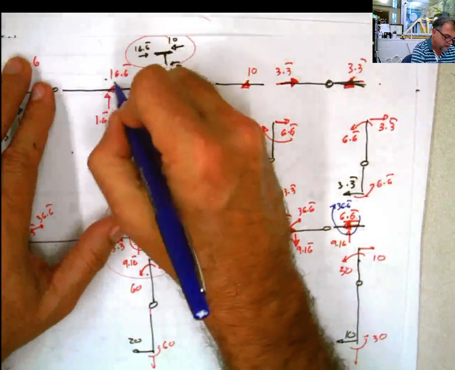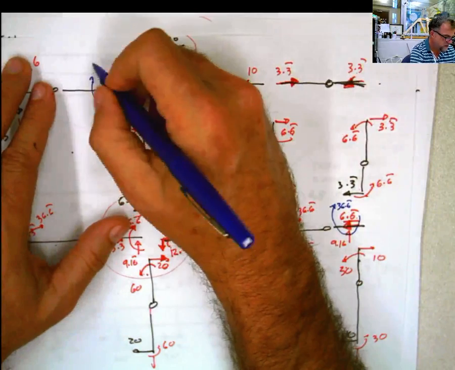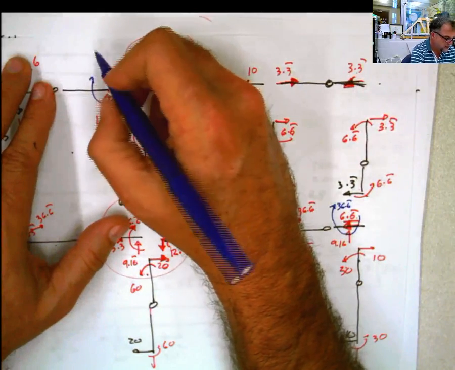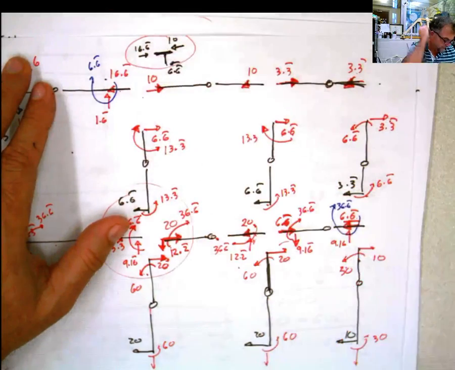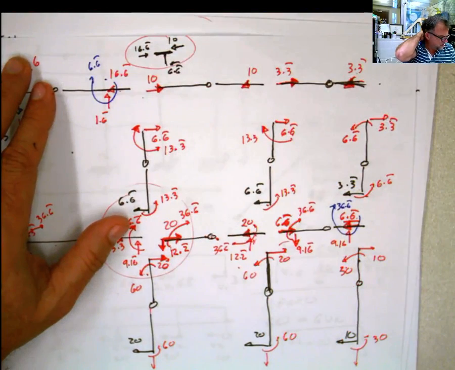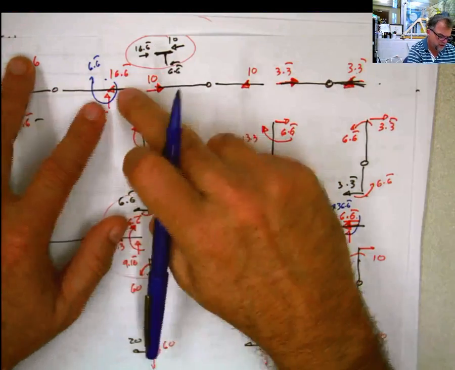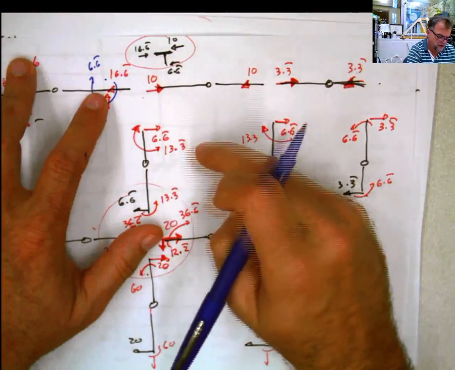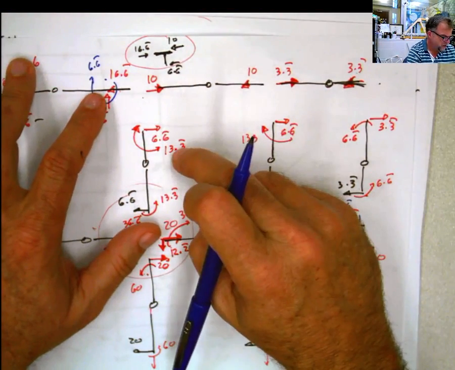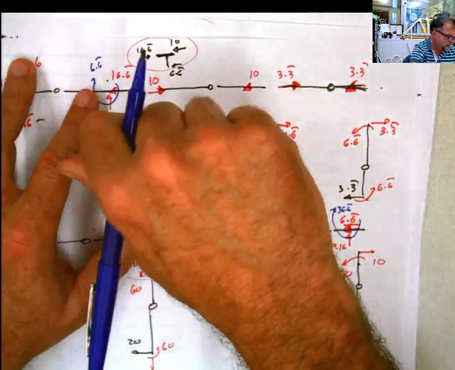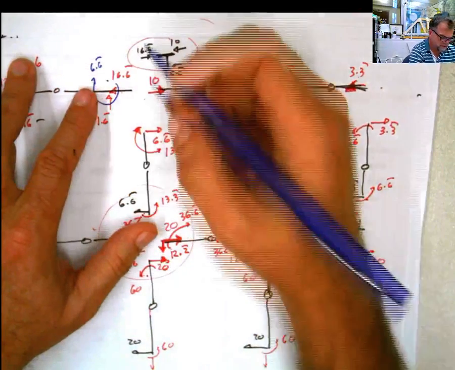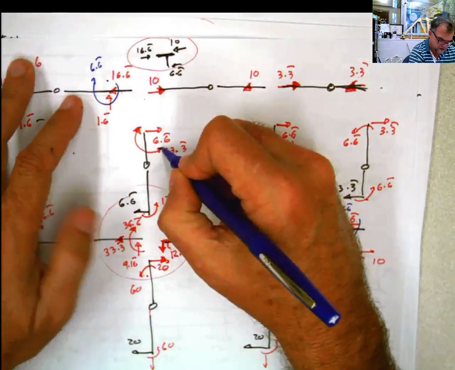This is the action. The reaction goes here. So this is gonna be 6.6 again. 6.6 in that way. And if I know the moment in this way and know the moment in this way, this moment is 13.3, this moment is 6.6, and that means, by the way, this moment is the direction of the moment.